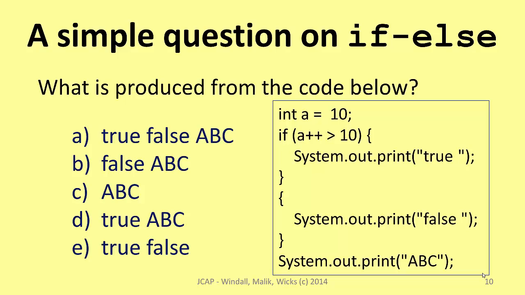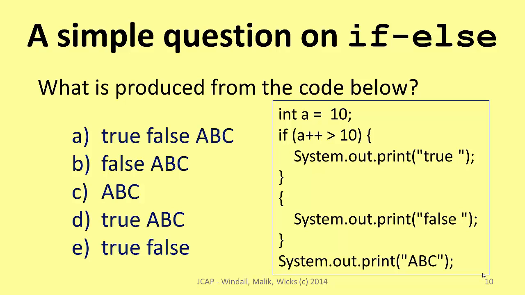Int a is equal to 10. So there's an integer, a, that now contains 10. If a++ is 10, well, let's check this out. What happens? It checks whether a is bigger than 10, and once it's checked that, it then increments a.